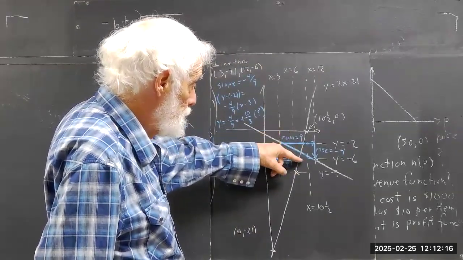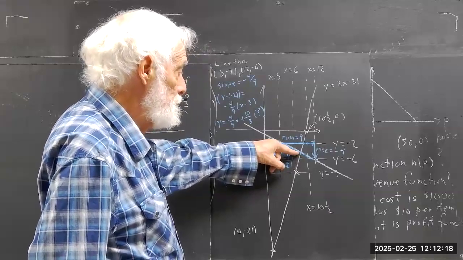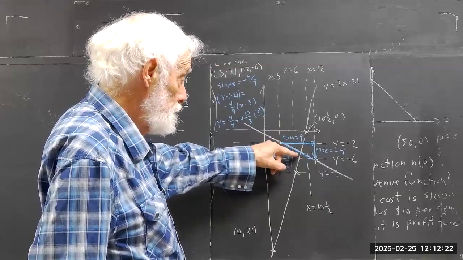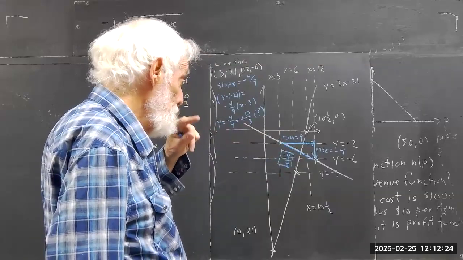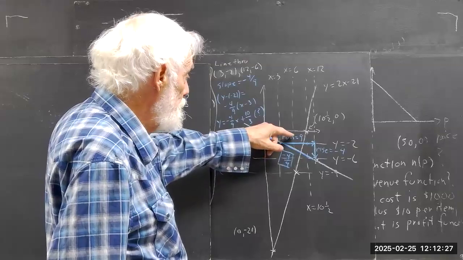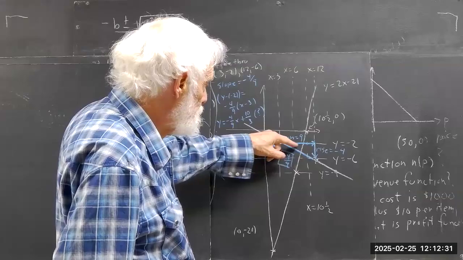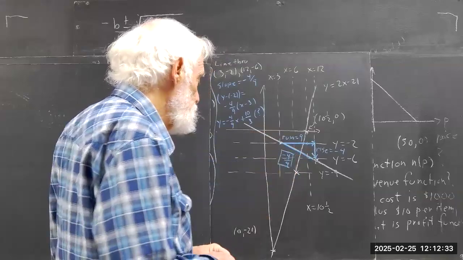Well, y is -2 here, it's -6 here. Looks like it's maybe -4.5 here, between -2 and -6, a little closer to -6. X is between 6 and 12. Here's 6, here's 12, closer to 6.